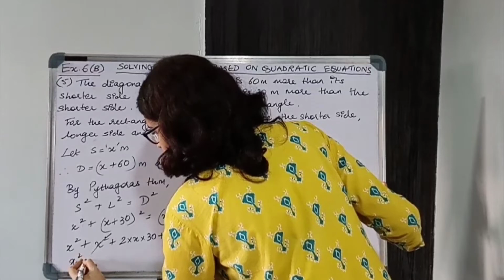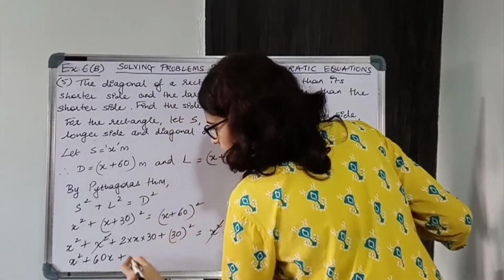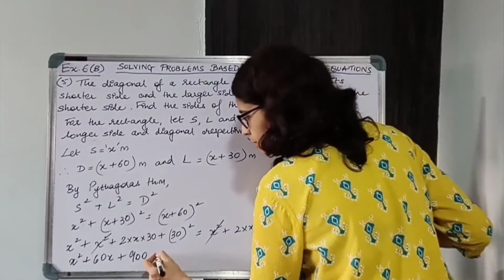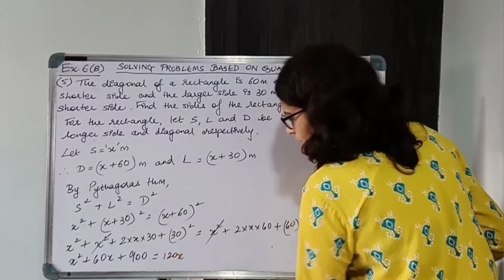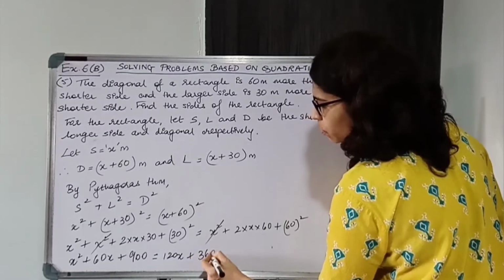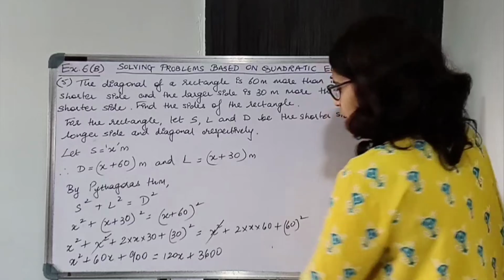We'll get x square plus 2 into 30, 60x, plus 3 squared, 9, and the zeros will double up. Now this will become 2 into 60, 120, into x plus 6 sixes are 36 and zeros will double up.